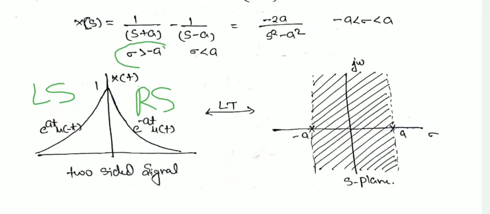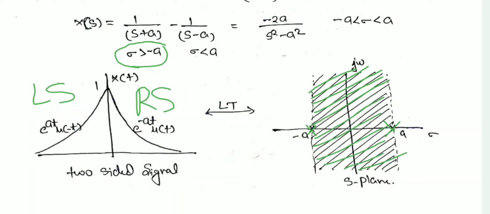For this signal the ROC must be greater than minus a. When we plot the two poles in the s-plane, one is at minus a and one is at the position where sigma equals a, and from this signal the sigma should be greater than minus a, therefore this is the region.